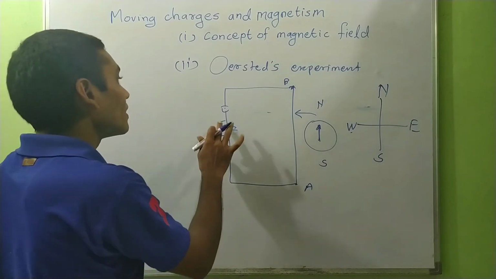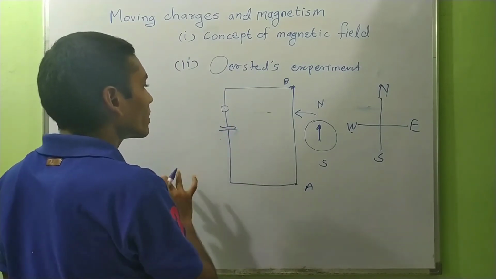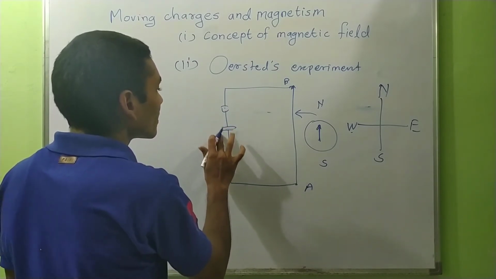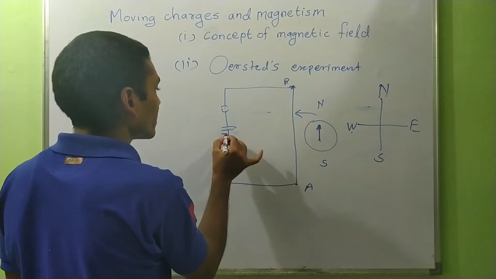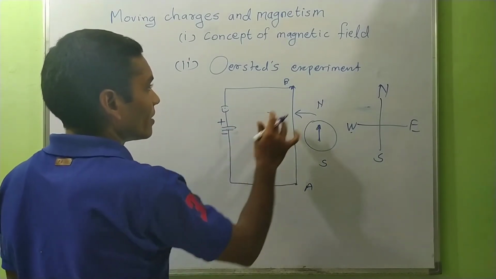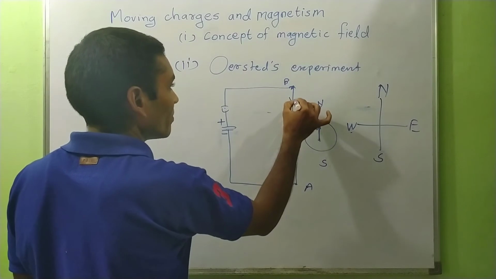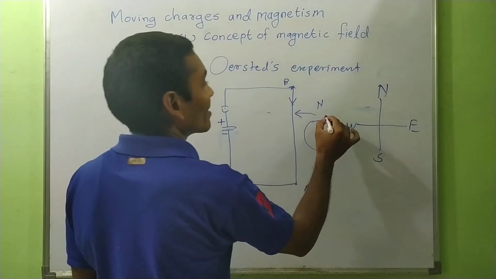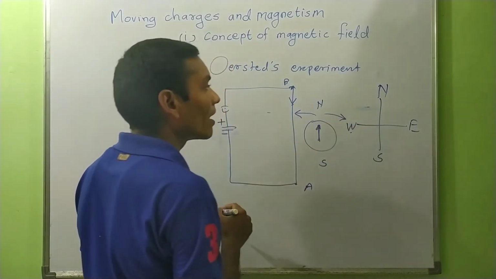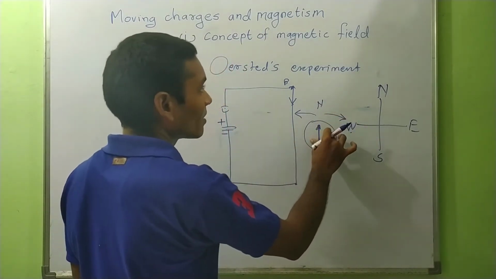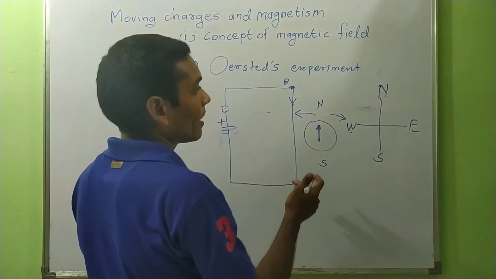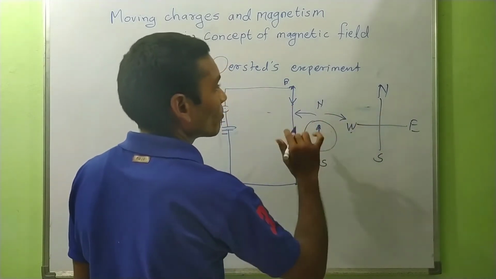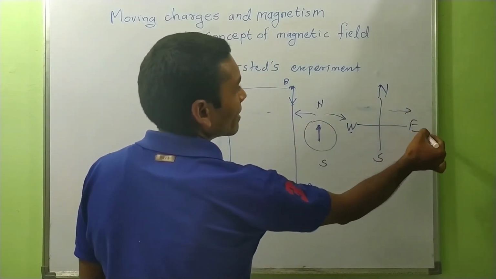And he told us that if the direction of current is changed, if this is the negative terminal and this is the positive terminal, the direction of current will be B to A. In this condition, the deflection in the magnetic needle of this magnetic compass is reversed, and now the deflection is away from the conductor. Away from the conductor means towards the east direction.